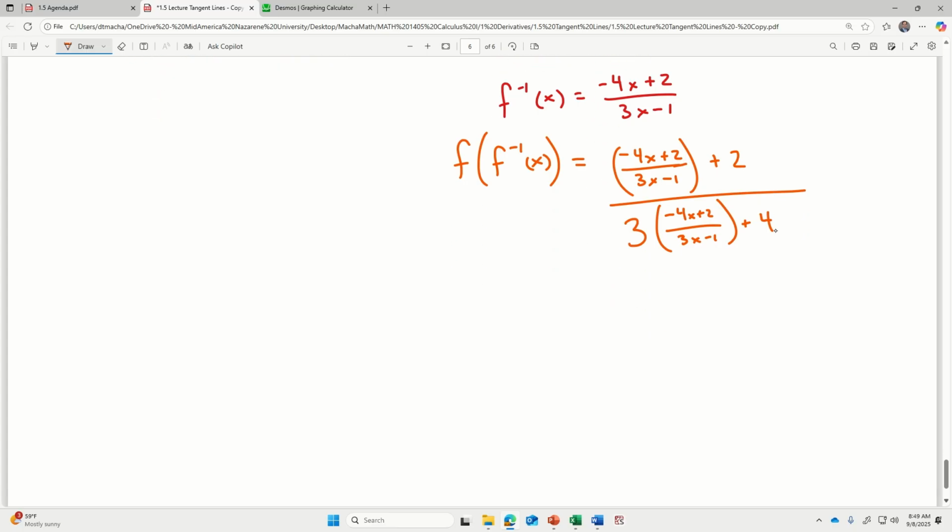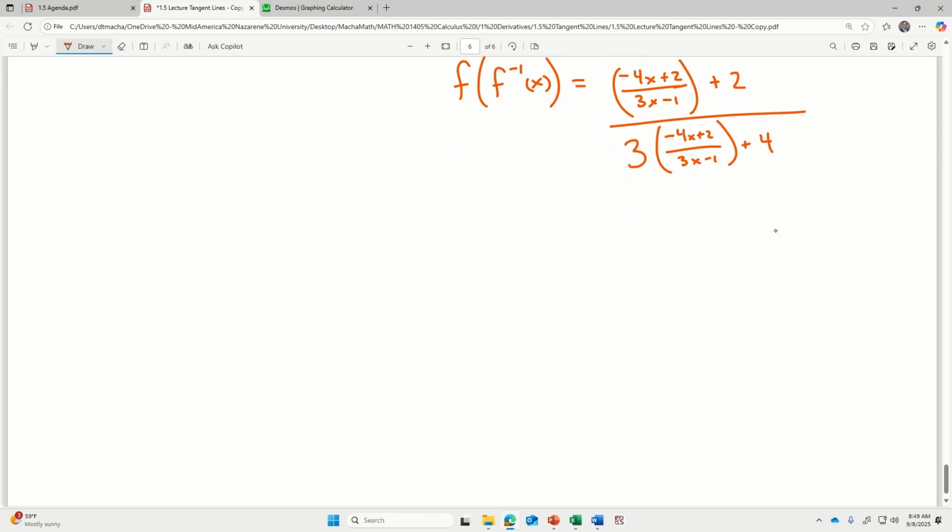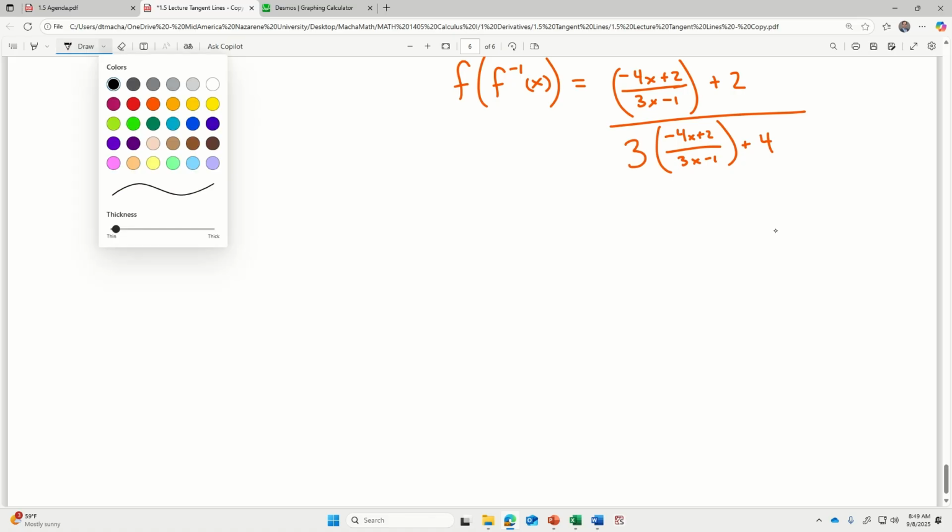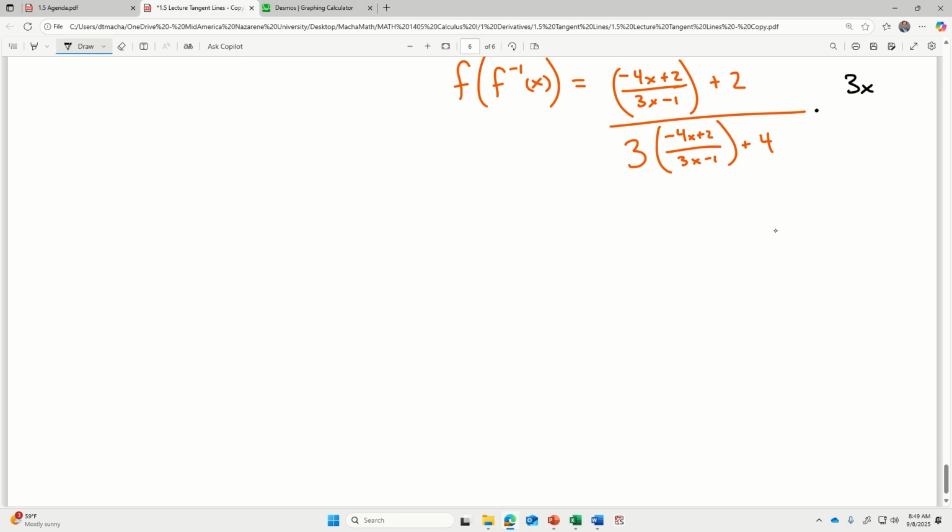Simplifying is sometimes easier said than done. Let's talk about this. Let me multiply both the numerator and the denominator by 3x minus 1. Multiplying by 3x minus 1 divided by 3x minus 1 is like 5 divided by 5.